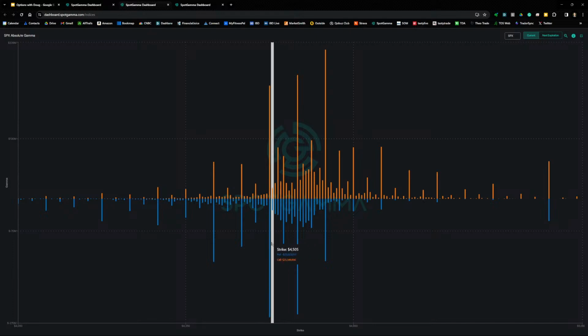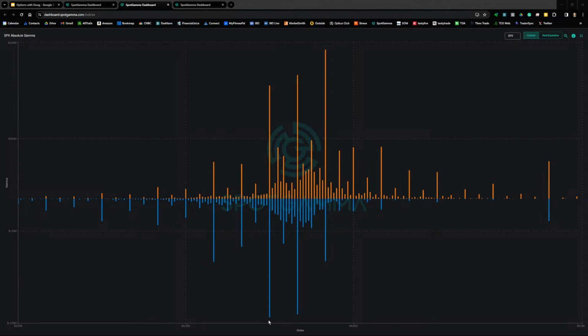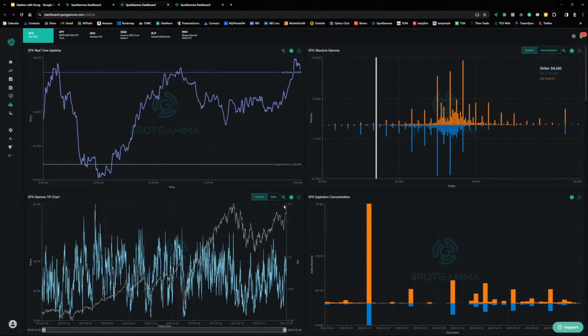Note also the amount of gamma concentrated at 4,500, like I mentioned. So this is the range, 4,500 to 4,600, where most of the gamma weighted open interest is concentrated. All right, so that's absolute gamma.